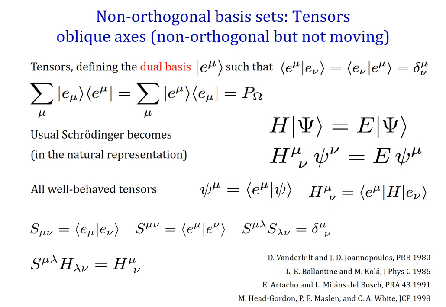For whoever in the audience knows how to deal with these things, you'll find that very natural. The overlap matrix that we had before is just one of the metric tensors associated to this space, and the other one is the S tensor with the two indices up, which in matrices would correspond to the inverse of the overlap matrix.